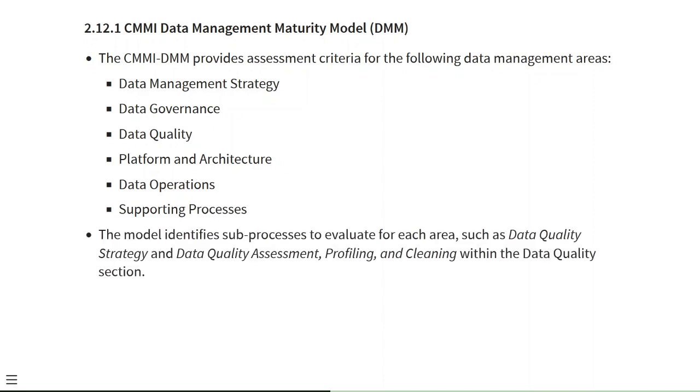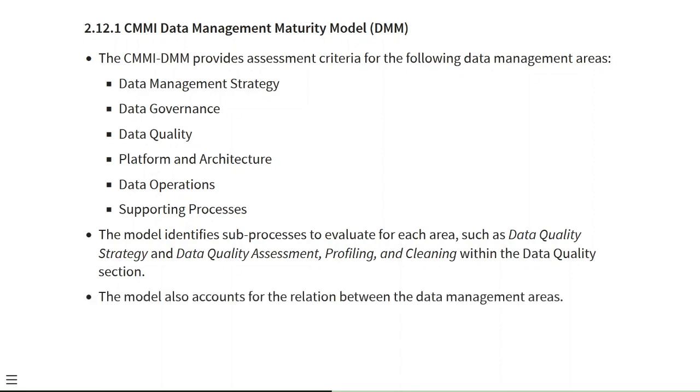The model identifies sub-processes to evaluate for each area, such as data quality strategy and data quality assessment, profiling and cleaning within the data quality section. The model also accounts for the relation between the data management areas.